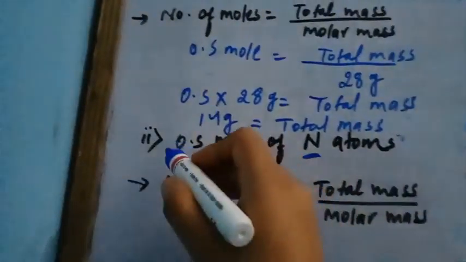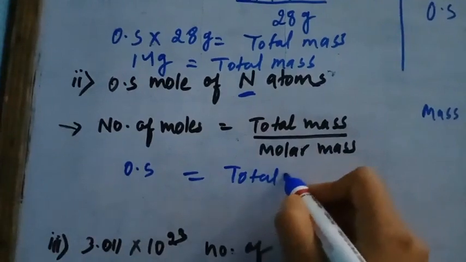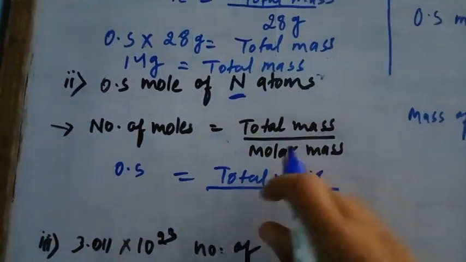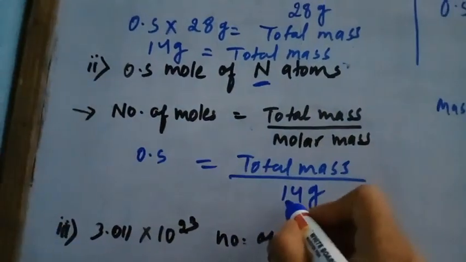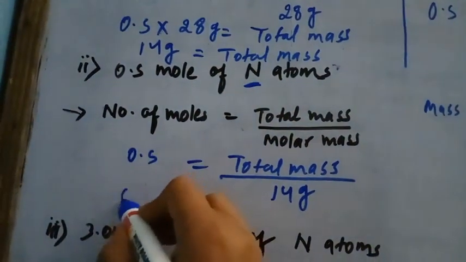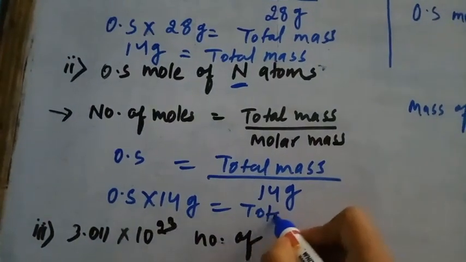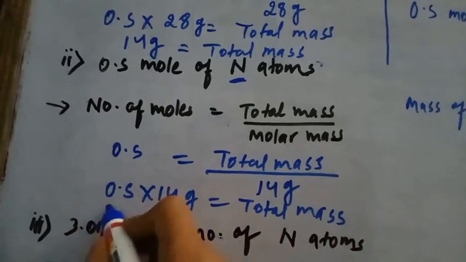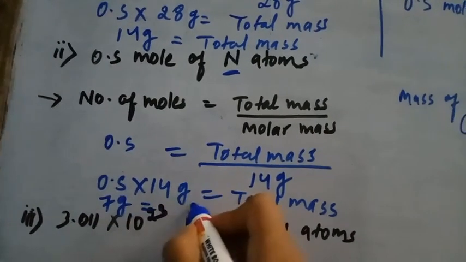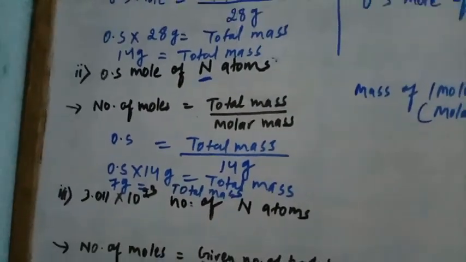Number of moles, how much is given? 0.5 is equal to total mass divided by molar mass, how much? 14 grams. So the molar mass of nitrogen atom is 14 gram. So just shift here, 0.5 into 14 gram is equal to total mass, and we get how much? 0.5 into 14 means 7 gram is equal to total mass. So the answer will be 7 gram.